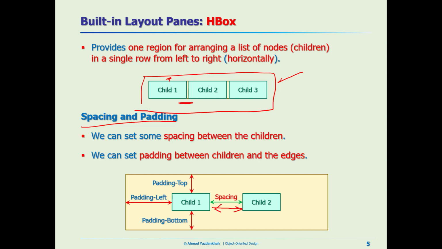And if we add padding, it means that we want to make some room between the node and the edge of the container. All right. So we will have padding top, padding right, padding bottom, and padding left. If we have another child on the right side like this, then padding will disappear and just spacing will be applied.